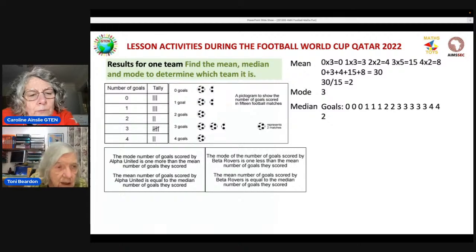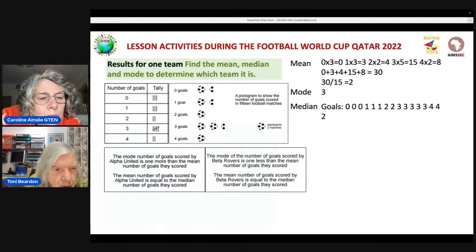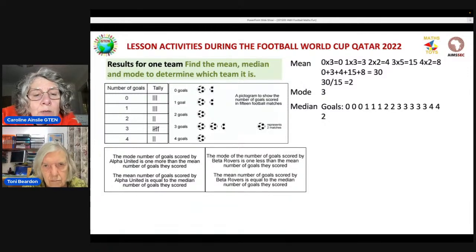So does that relate to Alpha United or Beta Rovers? Let's see. The mode number of goals scored by Alpha United is 1 more than the mean number of goals they scored. So it certainly is true for Alpha United. What about for Beta Rovers?